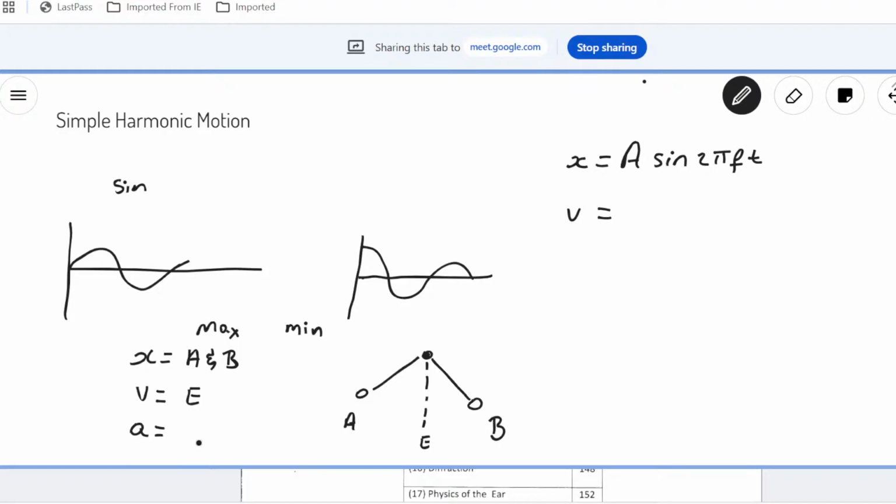It has to be the same as displacement because they're proportional. So it has to be A and B. Great. All right, so at A and B, what's the velocity? Zero. Yeah, because it has to stop in order to go back in the other direction.